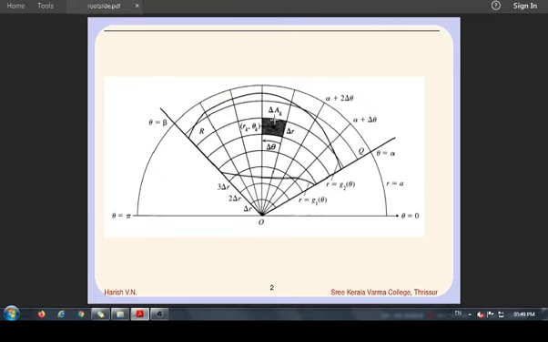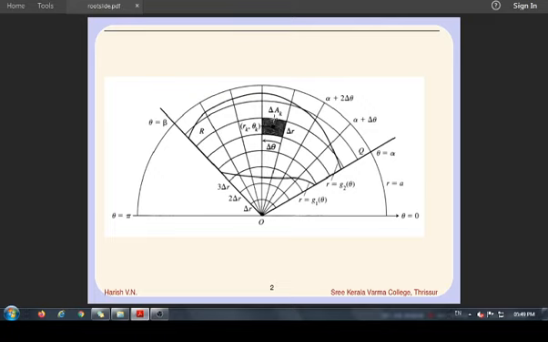So what is the area of the bigger sector? It is half into radius square into this angle. So what is the radius here in this case? The radius is measured from here, so it is rk plus something more.